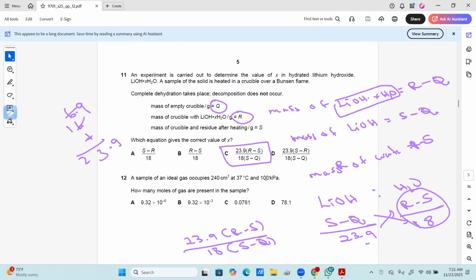So the correct answer is C. You just need to know how to find the masses correctly: mass of the hydrated compound, mass of the anhydrous lithium hydroxide, and the mass of water. Then after finding the mass, we need to divide by the molar mass to find the number of moles. Then if you assume that lithium hydroxide is less than water, we need to divide both by S minus Q over 23.9. So because of that, we are getting this answer.